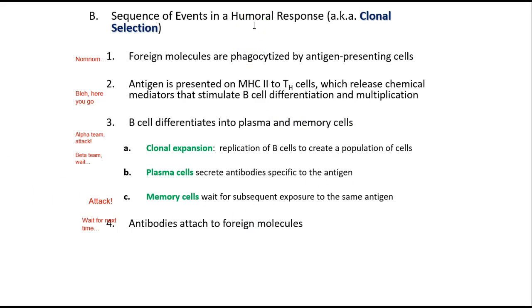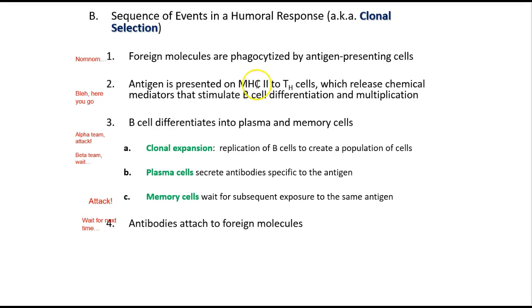When one of them gets activated, a foreign molecule will have an antigen on it. The antigen is presented through this MHC2 complex to a T helper cell, which we'll talk about soon, which is going to release a bunch of chemicals that stimulate B cells to differentiate and to multiply.